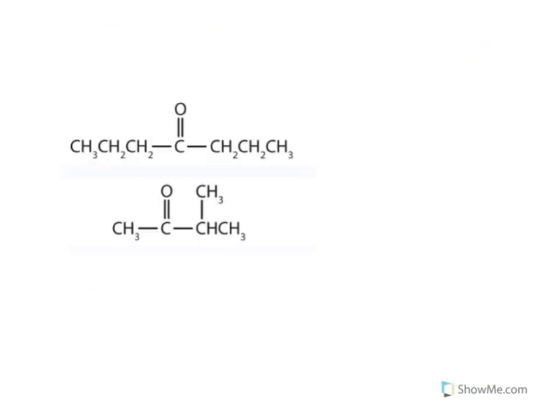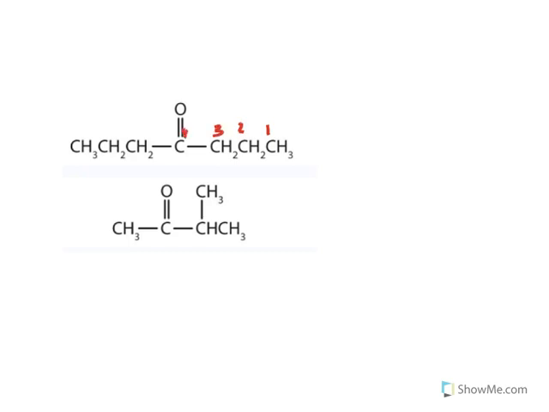Now let's look at some more examples for naming ketones. When I look at this over here, we see that we have a C=O, and the C=O is not attached to any hydrogens, so these are ketones. Now, numbering the parent chain. If I start from this side, 1, 2, 3, 4.